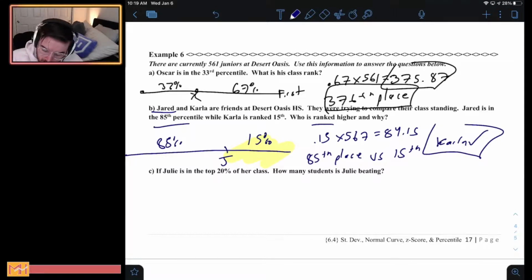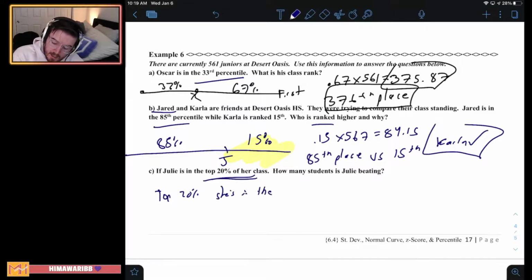Okay, last question. If Julie is in the top 20% of her class, how many students is Julie beating? Okay, the phrasing is different here. Percentile versus top 20%. If she's in the top 20%, she's in the 80th percentile, right? So if Julie is in the top 20%, how many students are ahead of her?